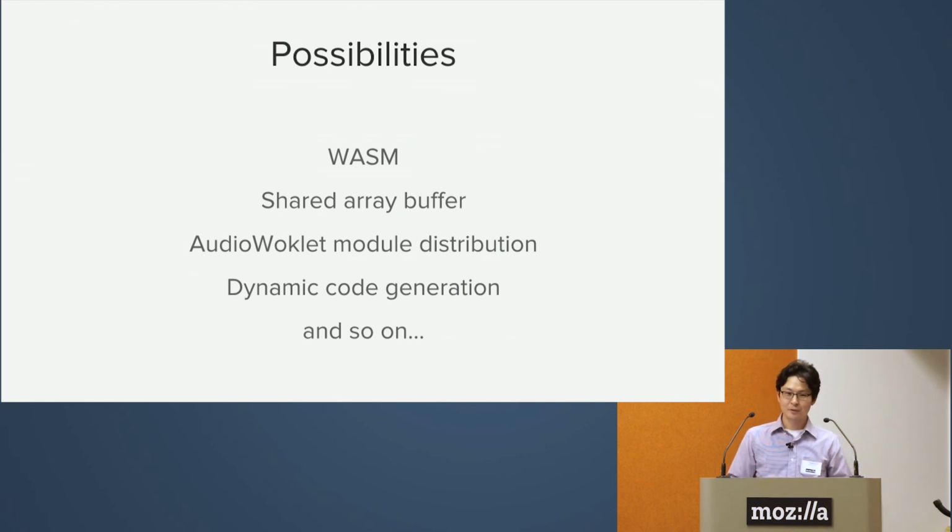Basically, the server can generate JavaScript code on the fly, and based on user interaction, create a different set of AudioWorklet processor definitions and send them to the client, and the client parses those and integrates them into your WebAudio application on the fly. That's also possible. It's a crazy idea, but it's super interesting, and so on, so many things.